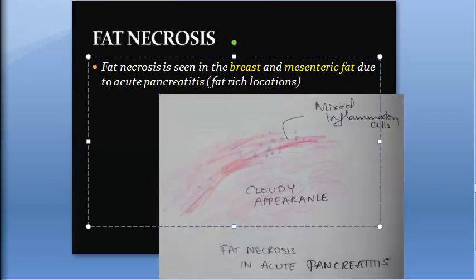It is a special form of cell death. Now in this case, especially in acute pancreatitis, there is liberation of pancreatic lipases from injured or inflamed tissue. So there is necrosis of the pancreas as well as the fat depots throughout the peritoneal cavity, like the mesenteric fat, sometimes even affecting the extra abdominal adipose tissue.